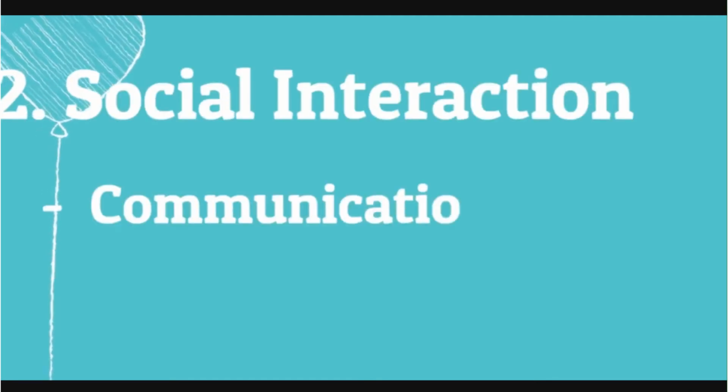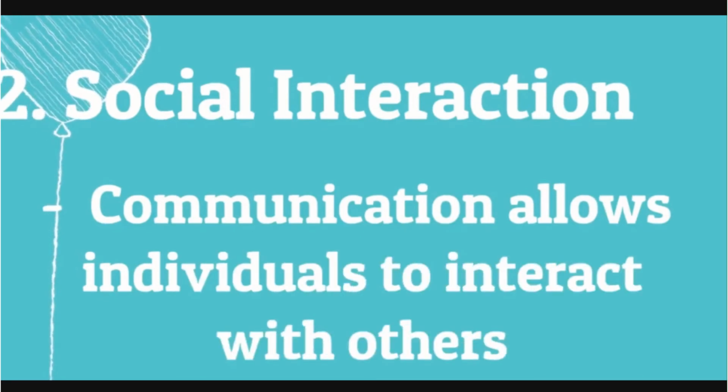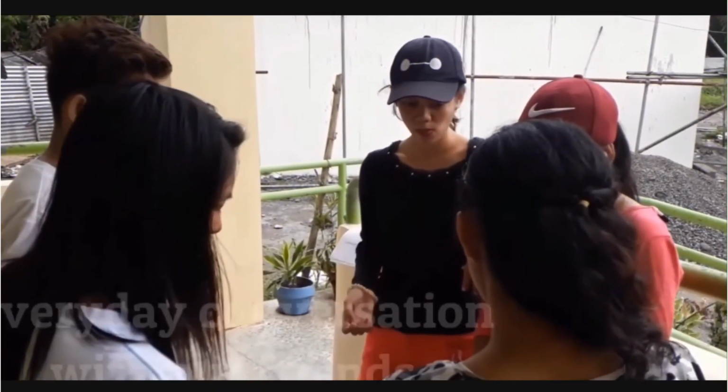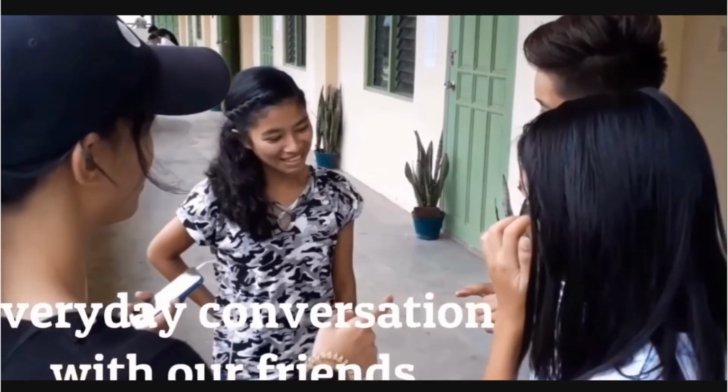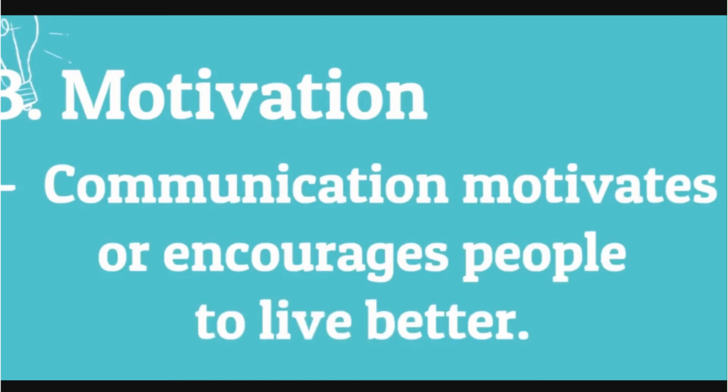Our second function is called the social interaction, where communication allows individuals to interact with others. A simple example for this is our everyday conversation with friends, with our peers. And our third function is called motivation, where communication motivates or encourages people to live better.